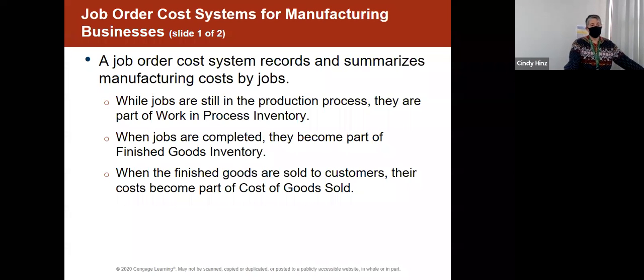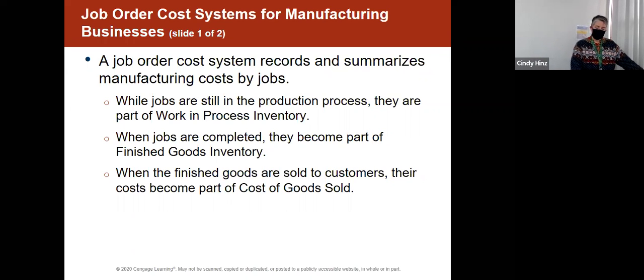You still have only one work in process inventory account, and that serves as the master or the control account. And then you have what's referred to as a subsidiary ledger, which is the detail for each one of those jobs that's in process at any given time.